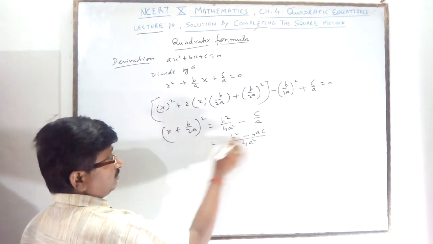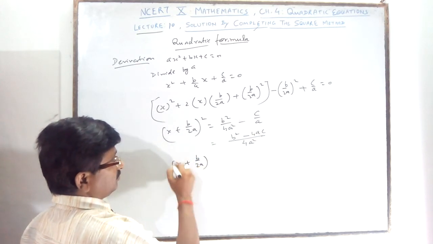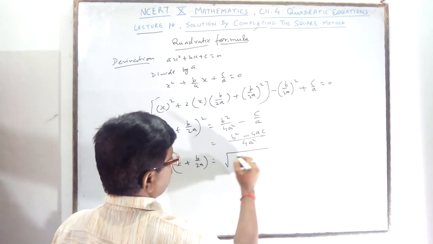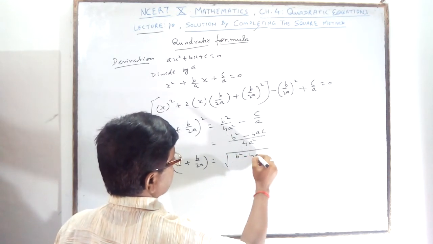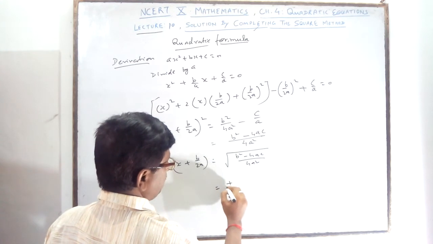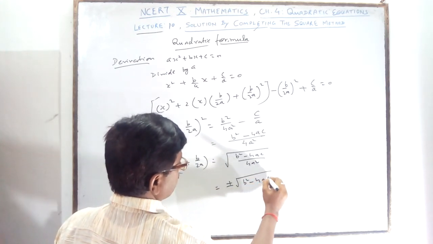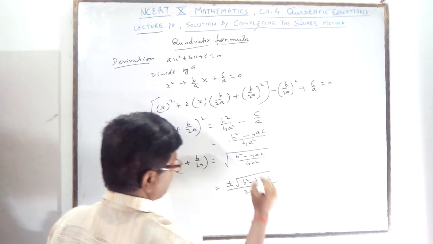Now, since it will not be solved directly, x plus b by 2a is equal to the square root of b square minus 4ac by 4a square. What will you get? Plus minus under root b square minus 4ac divided by 2a.